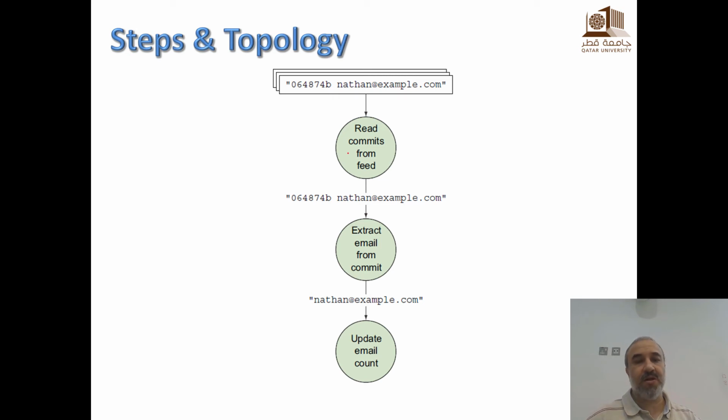We need the user. So this is the first spout. It will read commits from the feed and provide each tuple. And then we will need to extract the email. Then we need to count. So this is very similar to the example that we started with, the word count example.